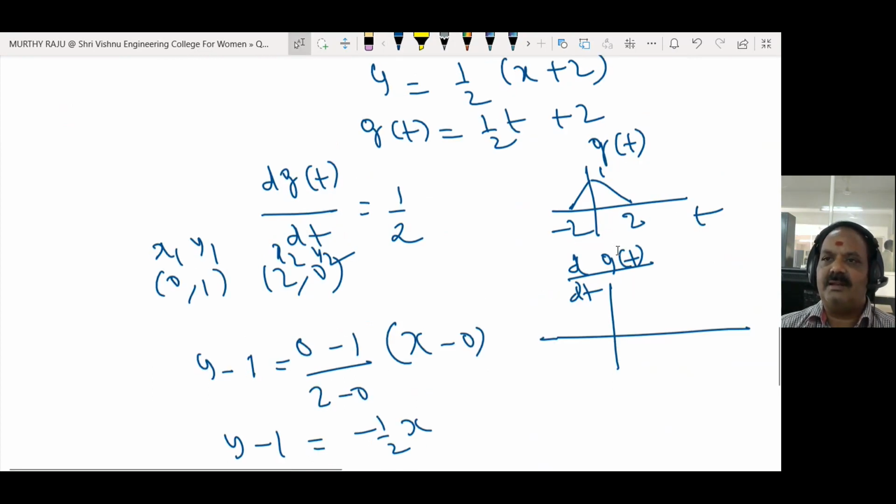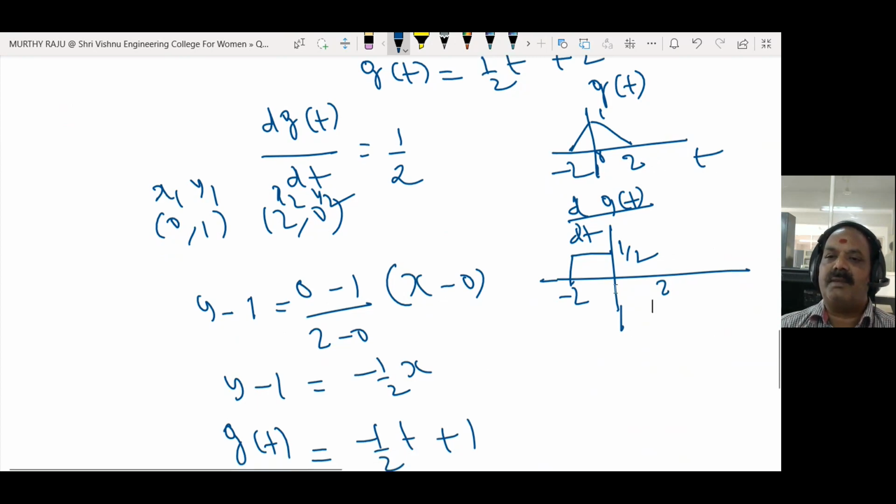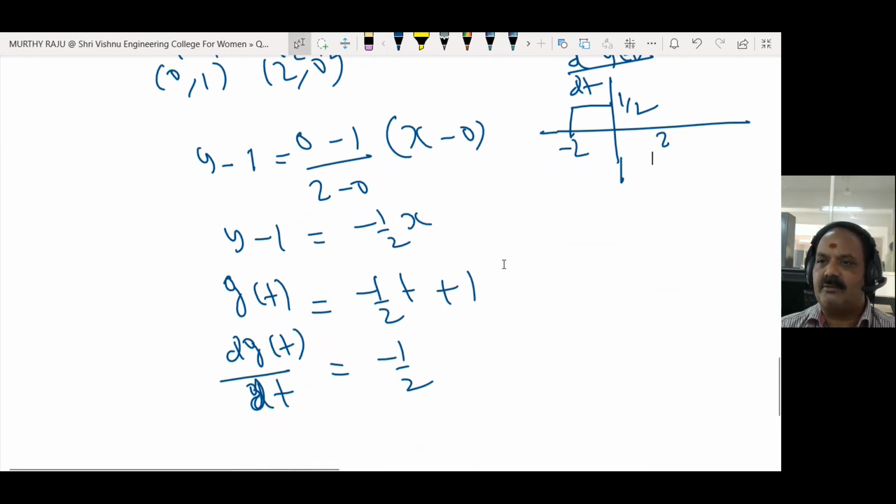The slope in the interval -2 to 0 is 1 by 2. The slope is 1 by 2. In the interval 0 to 2, the slope is -1 by 2.